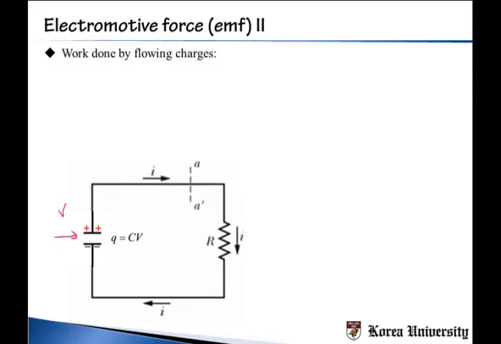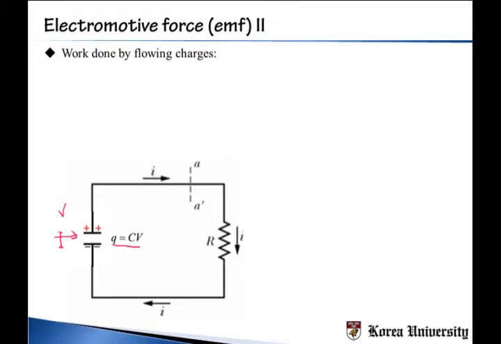So how much charge is actually already here? Q equals CV, capacitance multiplied by the electric potential. So if this capacitor is subject to the electric potential difference V between these two plates, it will have the amount Q equals CV.